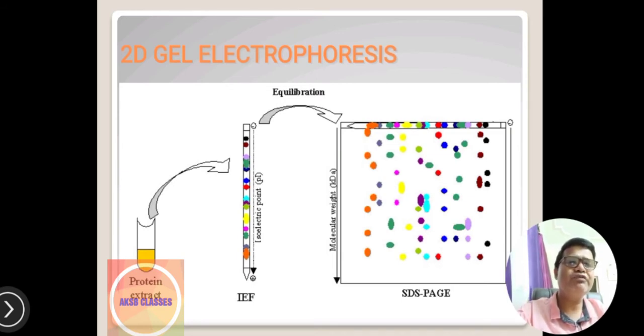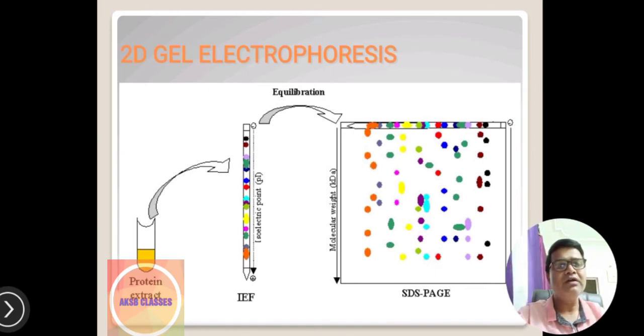protein, purify the protein, and then separate the protein in one dimension on the basis of isoelectric focusing. You know isoelectric focusing is totally based on pI. What do you mean by pI?